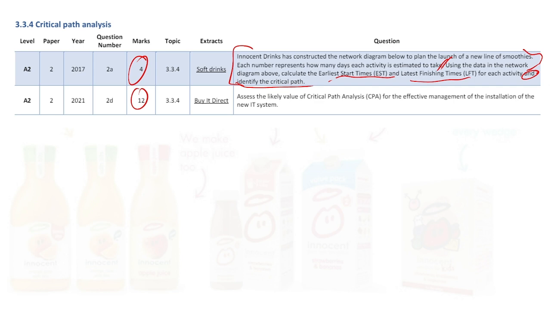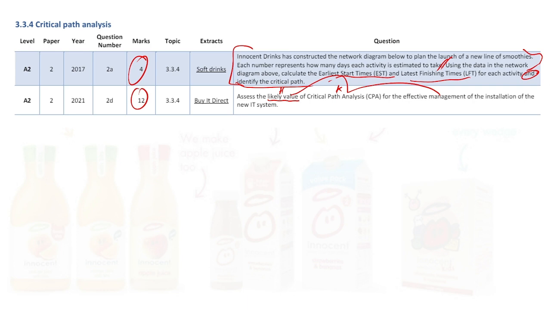If we were practicing some of our planning for the essay, clearly we need to identify the hook first of all. We've got the normal hook of likely value, and there are lots of different versions of this. Our knowledge is clearly demonstrating an understanding of CPA, and normally with these questions, it's the likely value of something to something. So we know that it's of CPA, and the something is effective management of the installation of a new IT system.